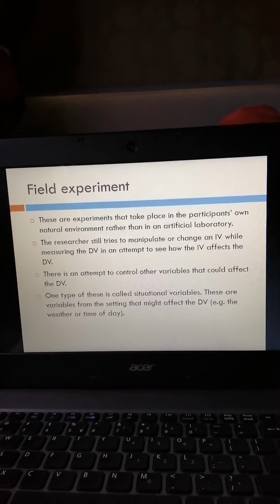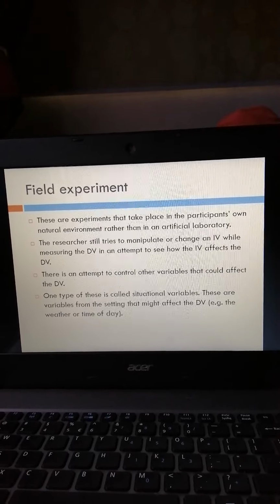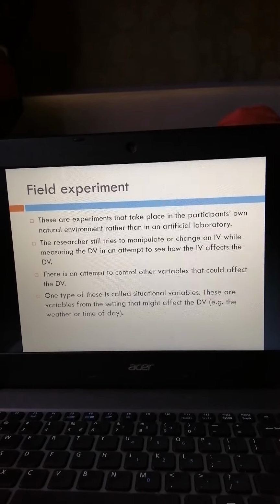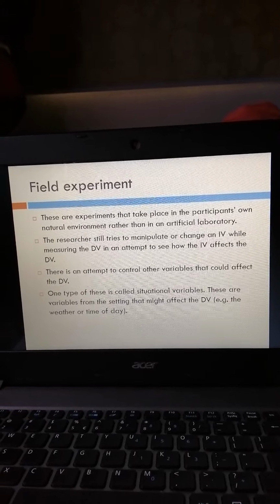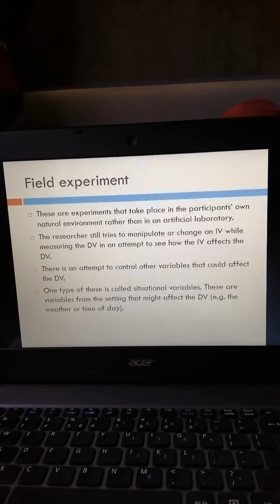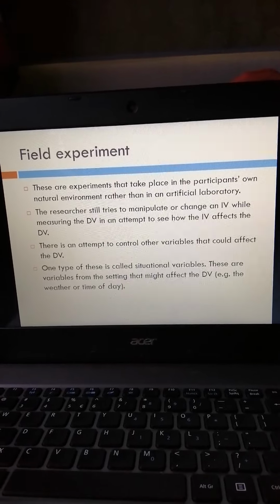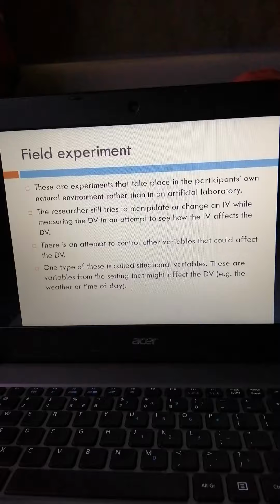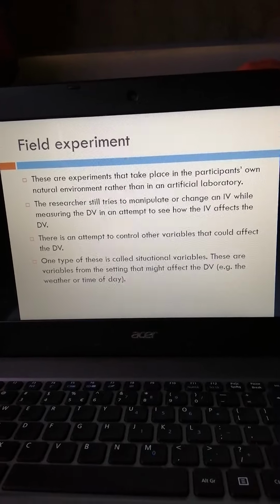So where shall I go as a psychologist or as an investigator? Okay, as an investigator, I will be going to schools, universities where I can find the target setting, which is the student. And this is normally not an artificial setting because it's natural.